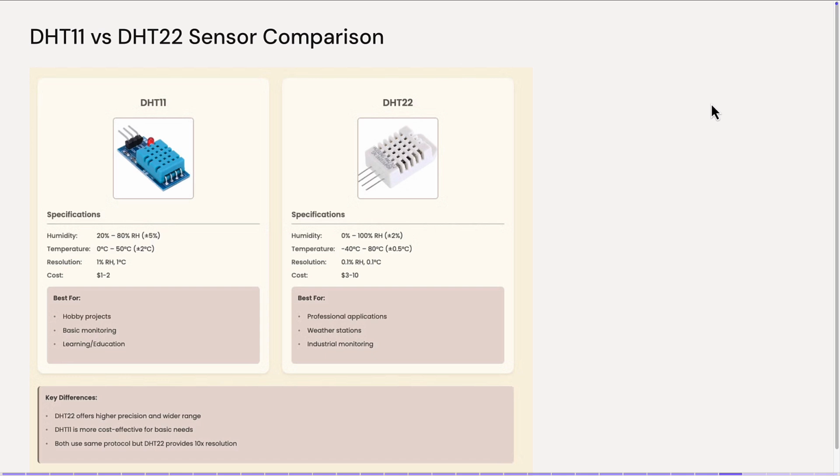This gives us, for example, 20.1 or 0.01 for the humidity value. This one is only 1%. Two floating points here, and here even three floating points, and 0.1 degree here and 1 degree there. So this is good for hobby projects, basic monitoring, just for learning, and this is for more industrial monitoring and professional applications.